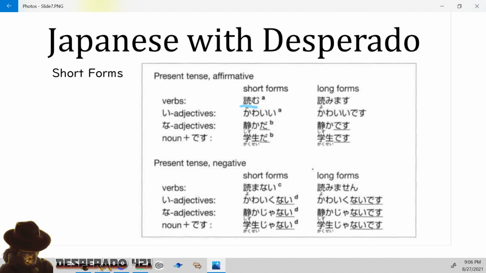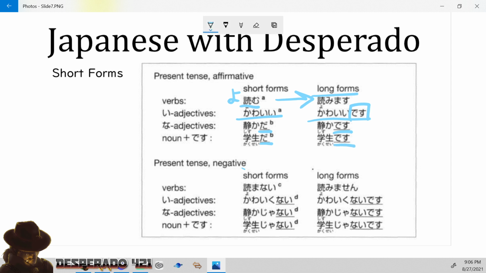Your short form is basically, we have yomu here, and yomu becomes yomimasu in its long form. Then you have kawaii, and kawaii becomes kawaii desu. Na-adjectives get da instead of desu, and nouns get da instead of desu.